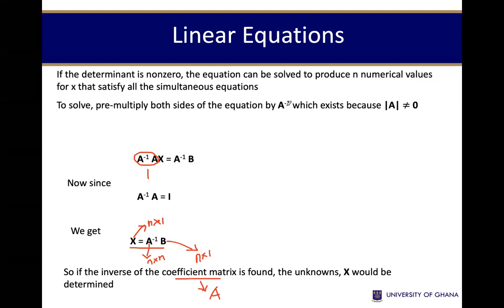Now, to find the adjoint of A, we know for sure that the adjoint of A basically is the transpose of the cofactors of A. And the transpose of the cofactors of A means that you need to find the cofactors of A. And how do you get the cofactors of A?